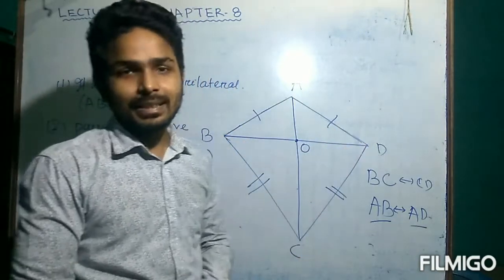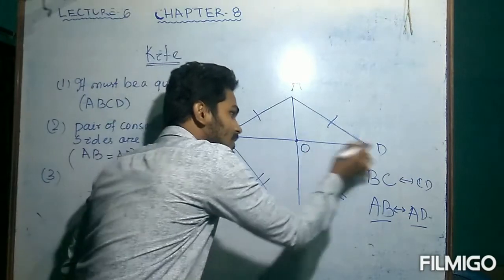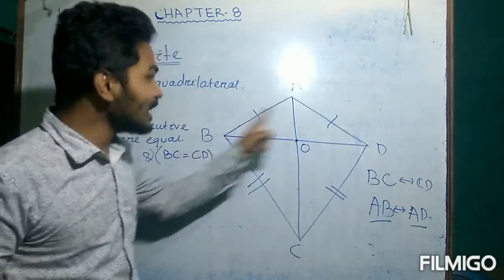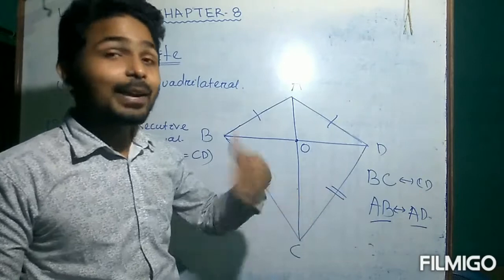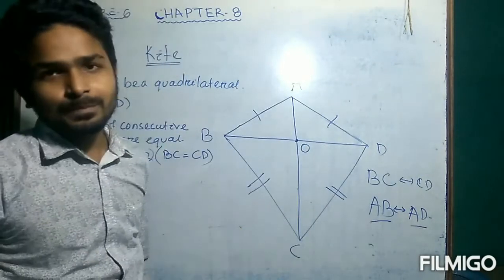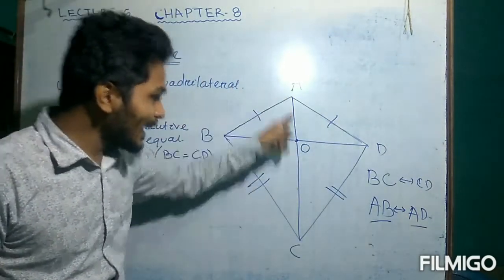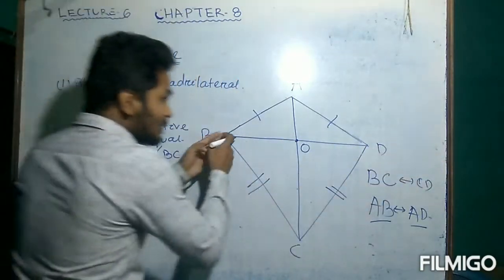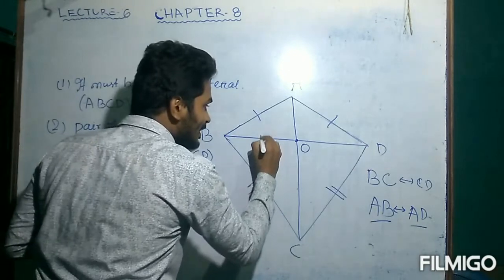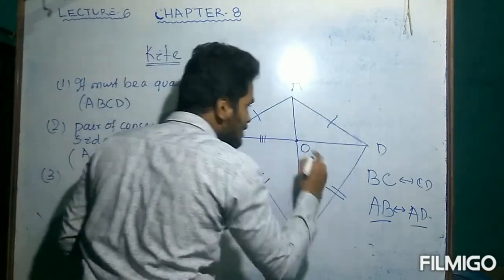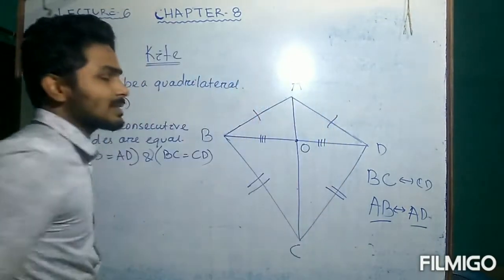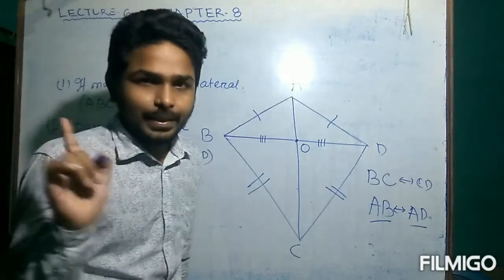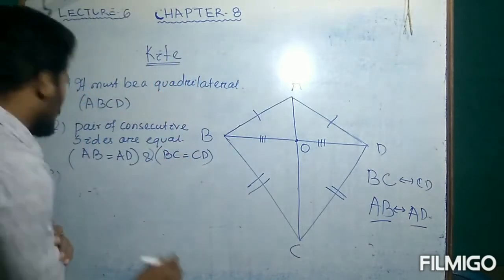BD is bisected because this distance is equal to this distance. By which diagonal? By AC. So AC bisects BD. Since BD is bisected, BO must be equal to OD.